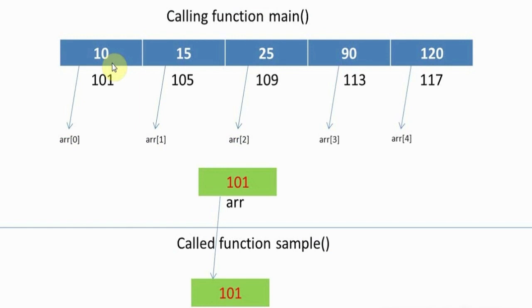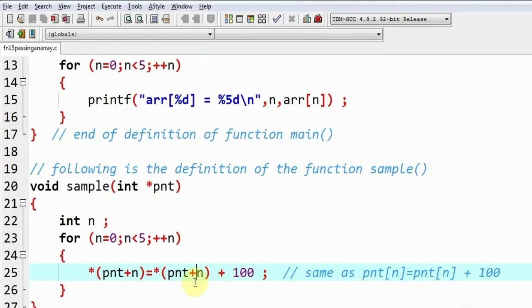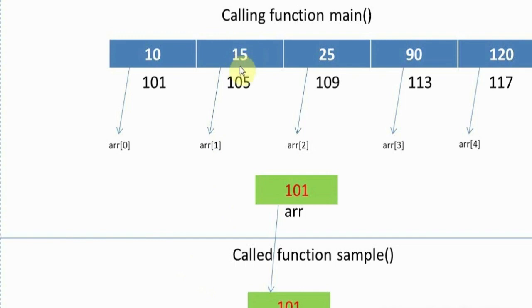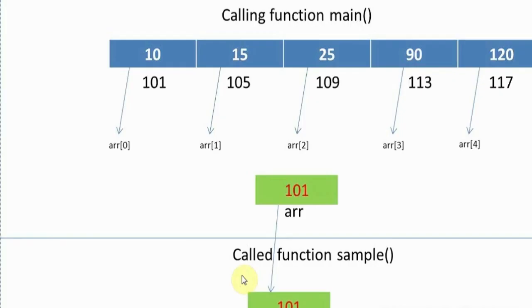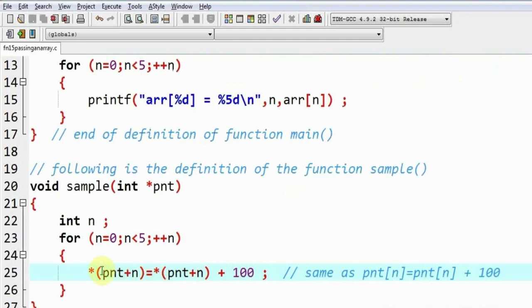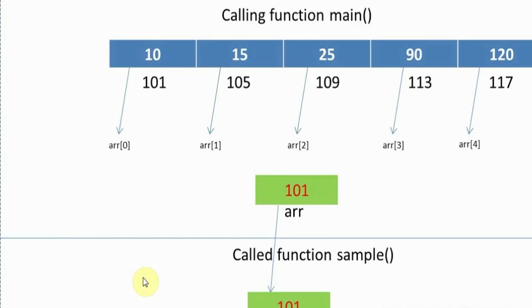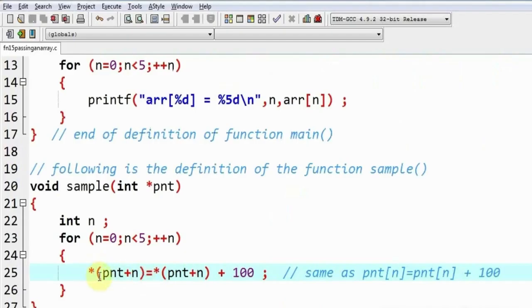So the current value of pnt is 101, and as the size of int is 4, now pnt plus 1 will point to 105, this location, and using star, that means we will be picking up the value stored at address 105, which is 15. 15 plus 100 will come out to be 115, and 115 will be stored at address location 105 as a value, and it will go on like this.